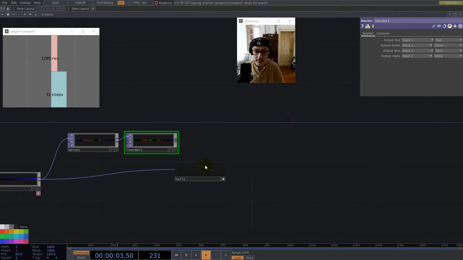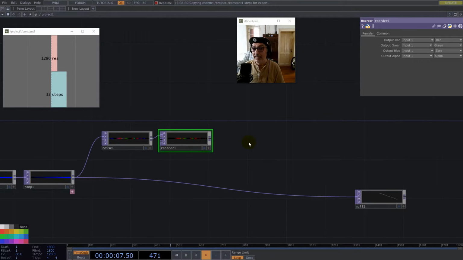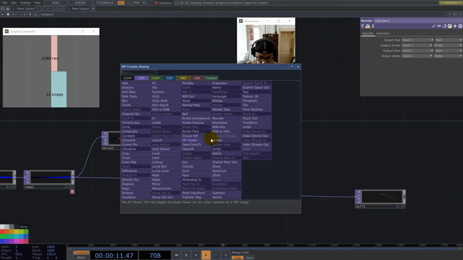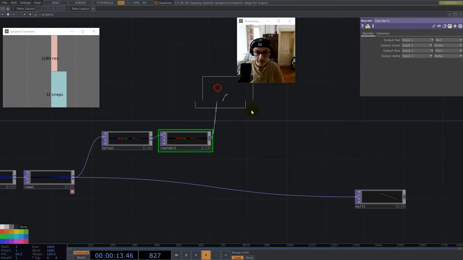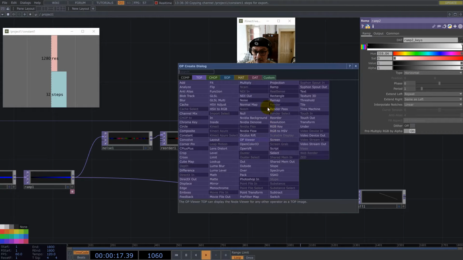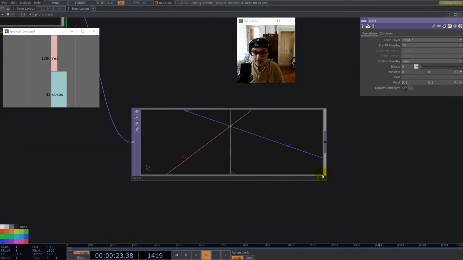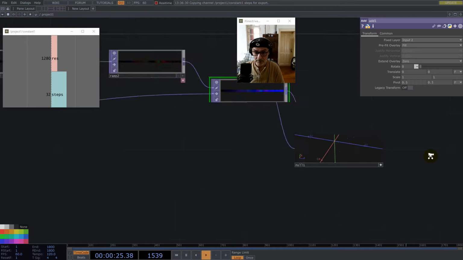Okay, now this noise should be less on one of the ends. So maybe if we go with the ramp, okay, leave it on multiply, then we add those two like this. And yeah, let's see now.